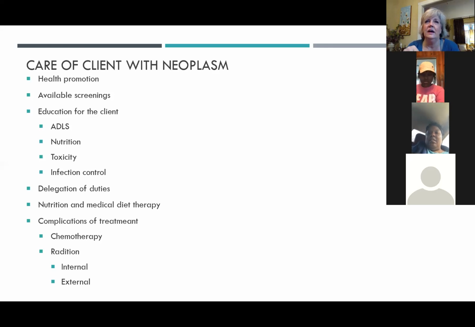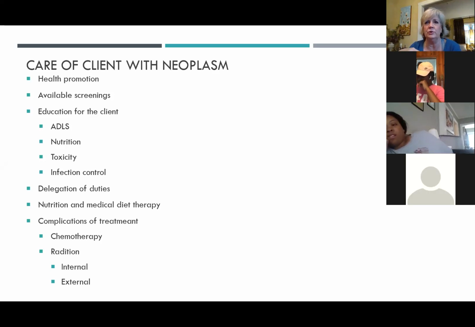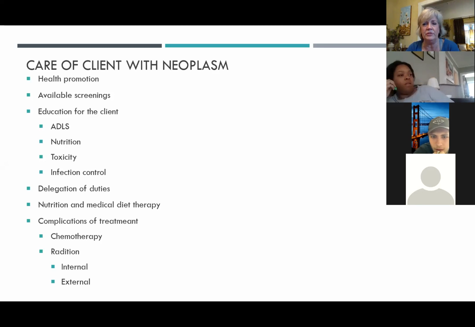All right, so to limit internal radiation exposure, you want to use the acronym ALARA, as low as reasonably achievable. That means you don't spend as much time at the bedside; you're going to limit your visit to 10 minutes. So if somebody is spending too much time at the bedside, that is an action we need to address.